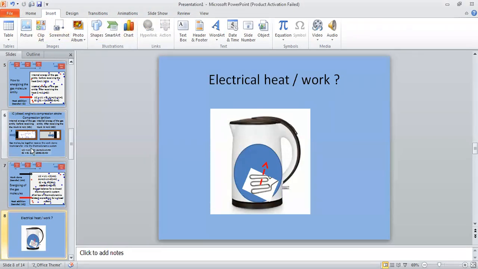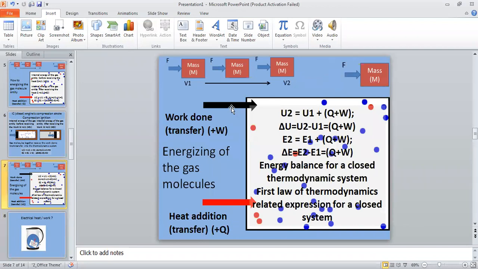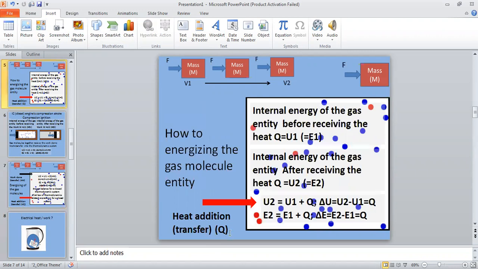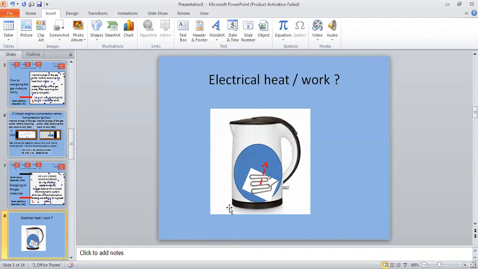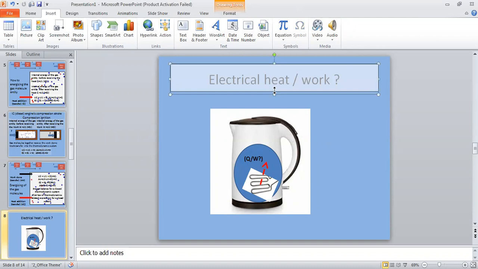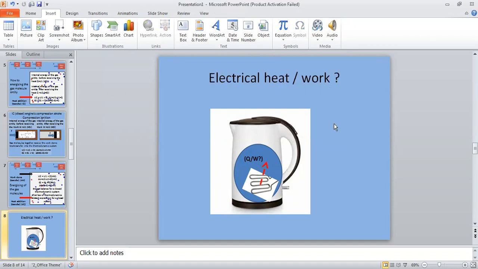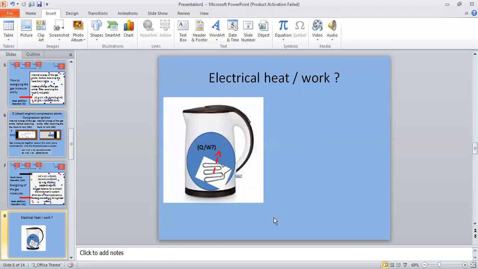Let's say Q. Okay, so is this Q or W? Oh, this can be both.